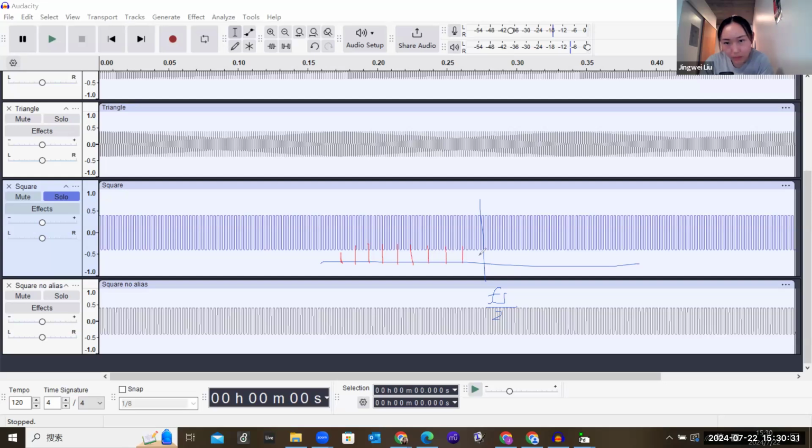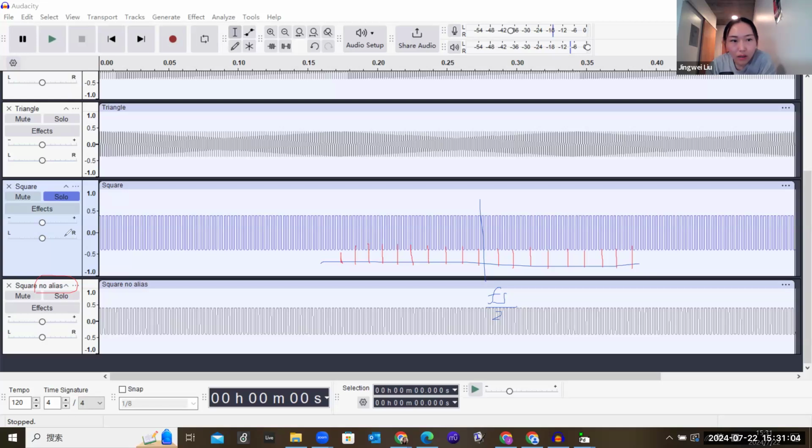And because you're adding infinite numbers of sinusoids, this will extend to infinity. Now, when we use this no alias function, we don't have everything here. We only have the harmonics here. That's why what we hear are the consonant upper harmonics of one fundamental tone.